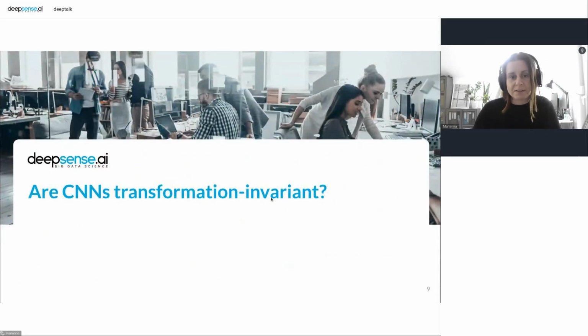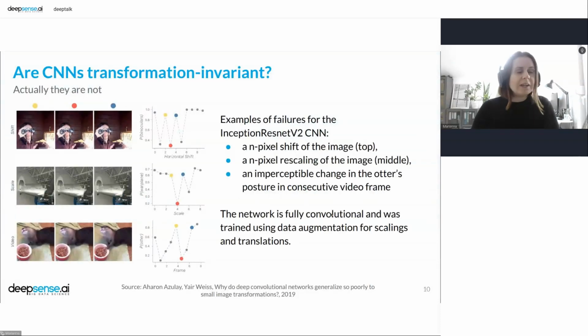So are CNNs transformation invariant? Actually, they are not. In the picture, we can see a test conducted on altered images. Images in the first row were classified as binoculars and shifted by 1, 2, and up to 8 pixels. Images in the second row were classified as warplane and rescaled by 1, 2, and up to 8 pixels.